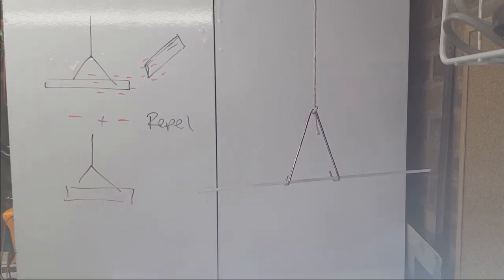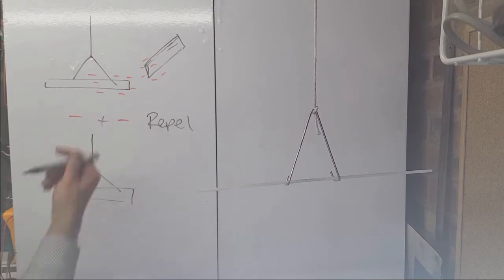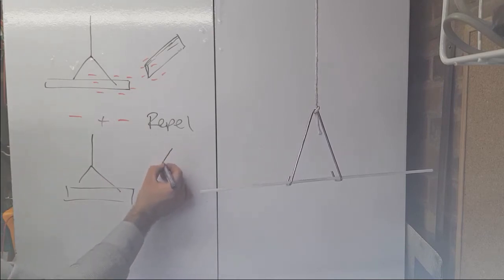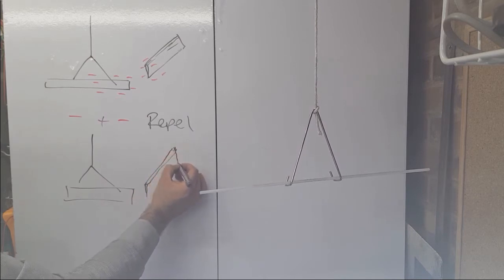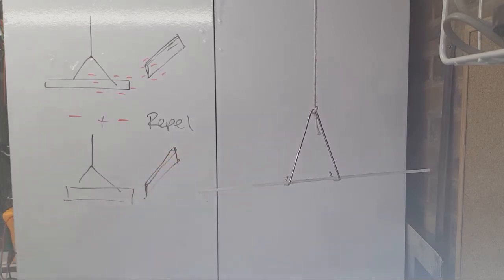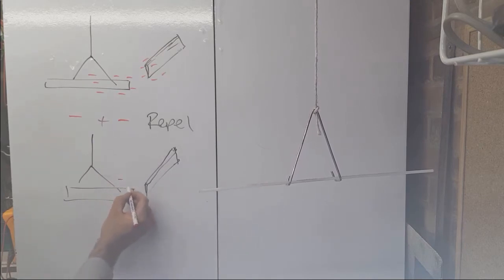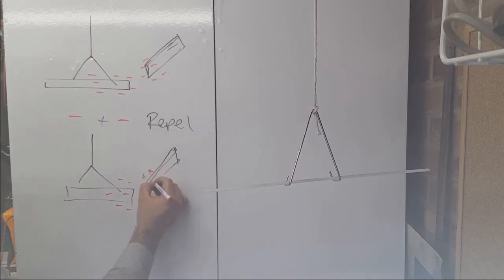and this time instead of bringing in another polythene rod, I bring in a perspex rod. So this time, there we go. That's still a terrible three-dimensional drawing. So here we have negatives as before. And on this one we have positives. Okay.